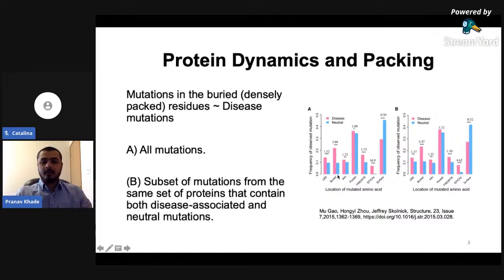And you can see if a mutation occurs in a residue which is buried deep inside the protein, aka very densely packed, it is twice as likely to result in a disease. So since there is a mutation, there is disturbance in the structure. Since disturbance in the structure, disturbance in the dynamics, and therefore the function, and therefore the disease. So protein packing is indeed very important for the function of the protein.